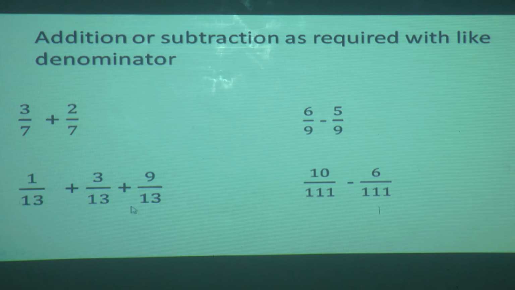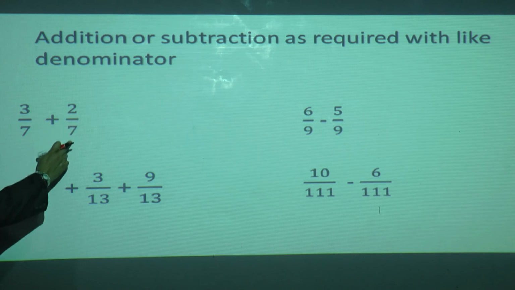We will see the sums one by one, then you will understand how to write the addition as well as the subtraction. Here the two fractions given to us are 3/7 plus 2/7.